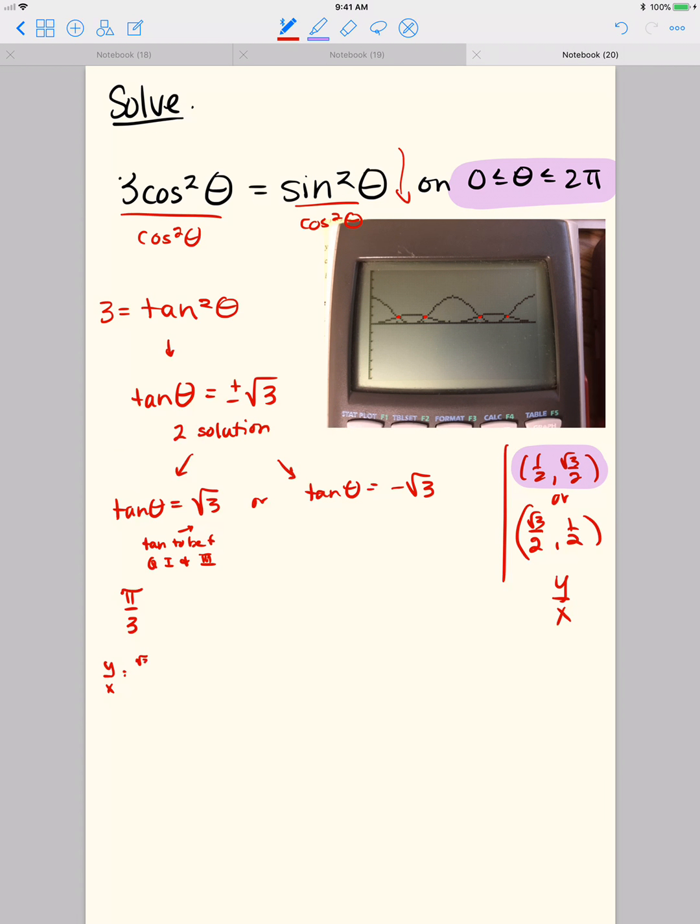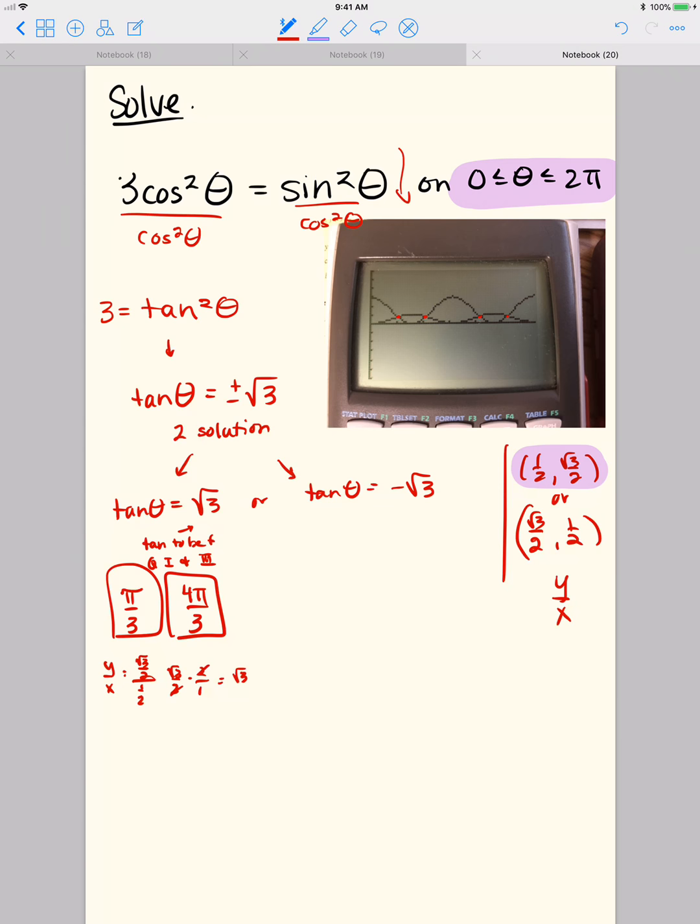That would put square root of 3 over 2 over 1/2, which would be square root of 3 over 2 times 2 over 1, and I would get the square root of 3 for my tangent ratio. So I have pi over 3, and then down in quadrant 3, if I pull 4 pi over 3, that would be negative root 3 over 2 over negative 1/2, and I would get the positive square root of 3 again.